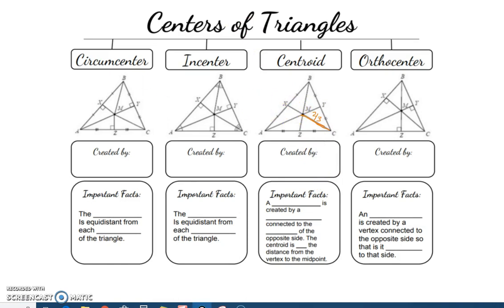And the rest of it is 1/3 of the length. Another interesting property of it is that if this piece is A, that's the 1/3 part, then this piece is twice that amount.